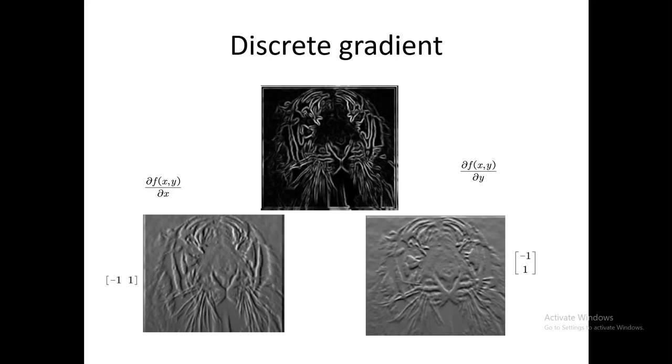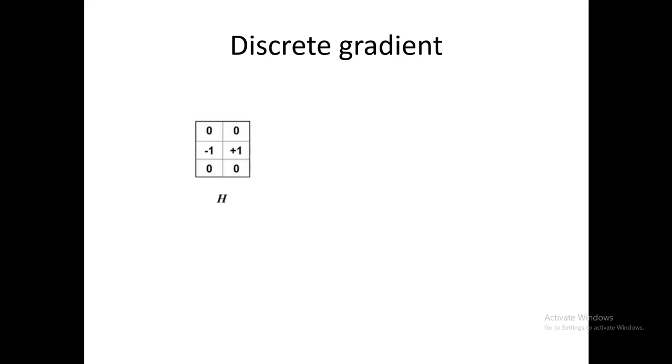So here is an example of an operator H. We use 3 rows, and for now we have only 2 columns. Since it doesn't have the middle pixels, it cannot be taken as a good operator, since it takes the value from the right and subtracts the left one.